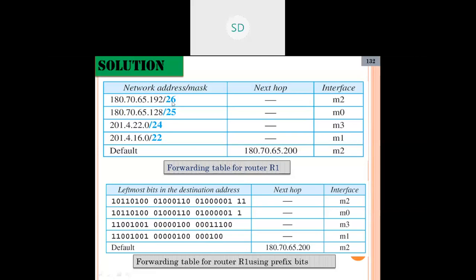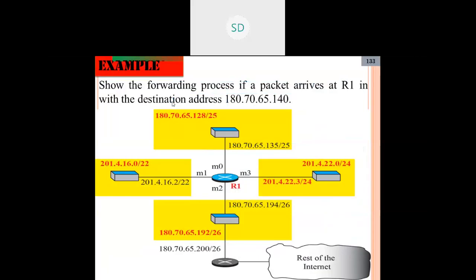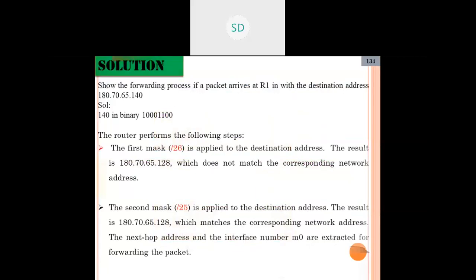Here the mask is /26, so the first mask, 26, is applied to the destination address 180.70.65.140. I am interested in the last value, 140, which is represented in binary as 10001100.